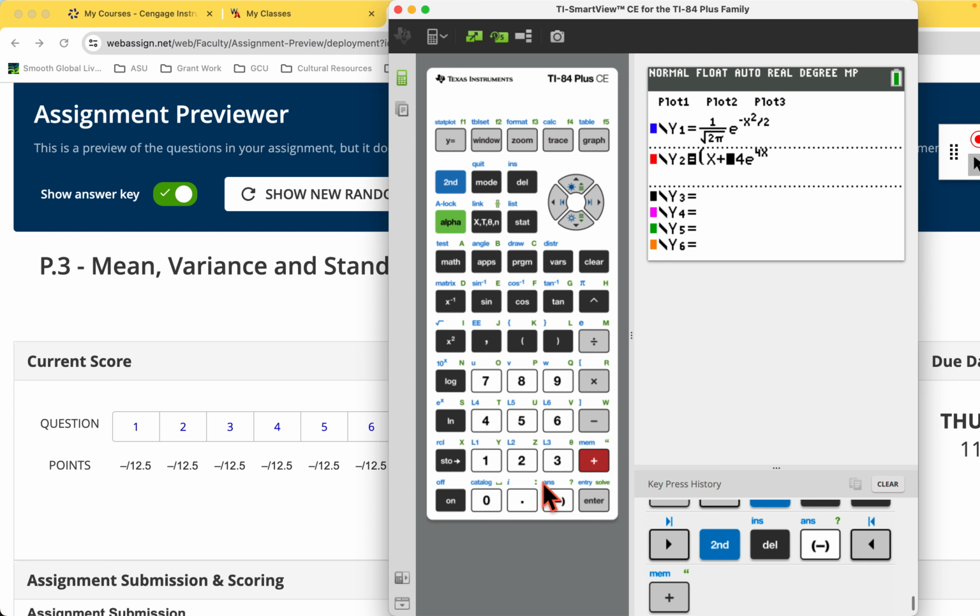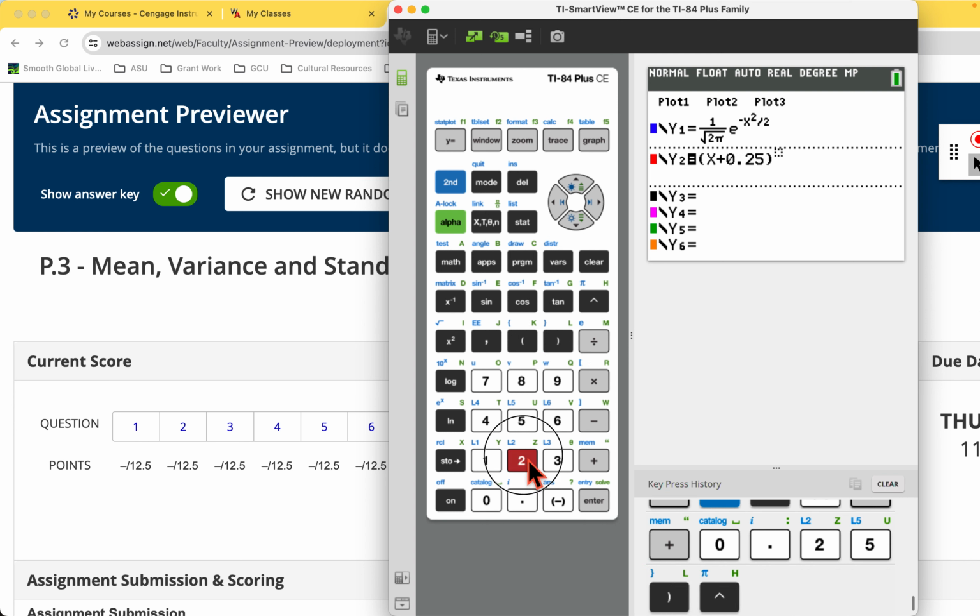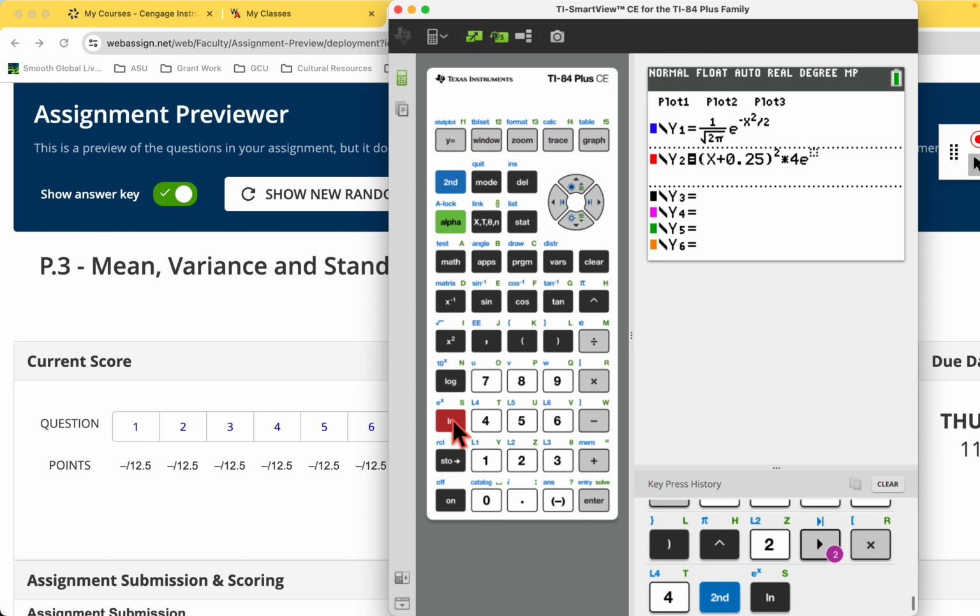That was 0.25. Squared, and then down on the line, times 4 e to the 4x. Okay, this is going to give us the variance just from the formula.